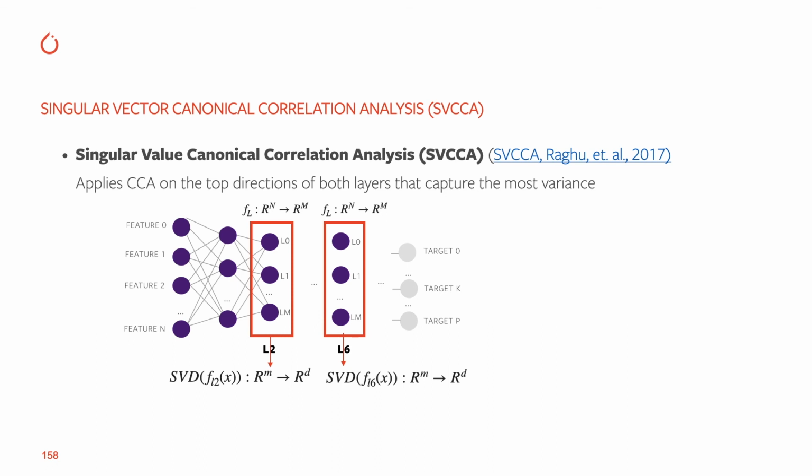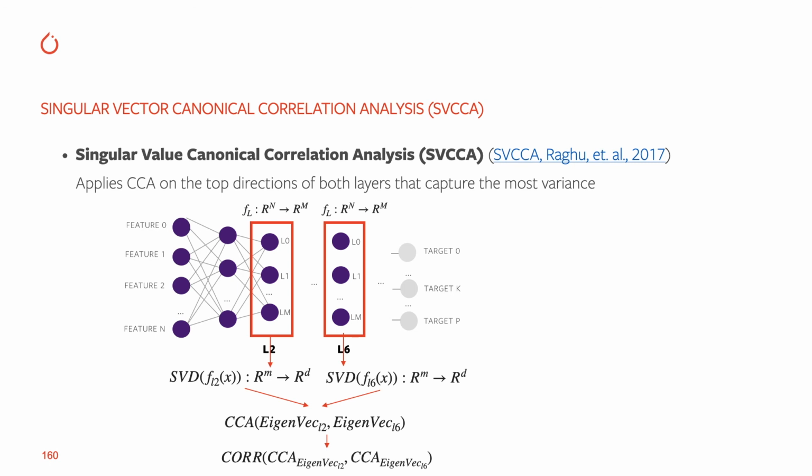In order to identify top directions with the highest variance, SVCCA applies SVD to each layer representation independently, and then it applies CCA on the top SVD directions for each layer. Similar to CCA, we can then use a correlation metric that computes the correlation between the top CCA directions on each layer representation.